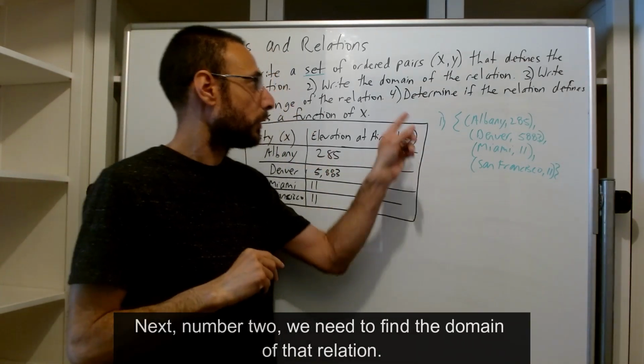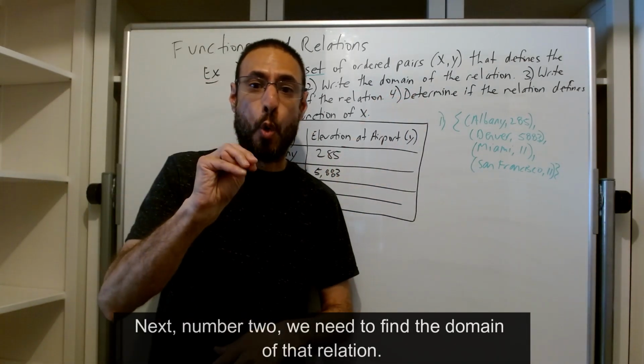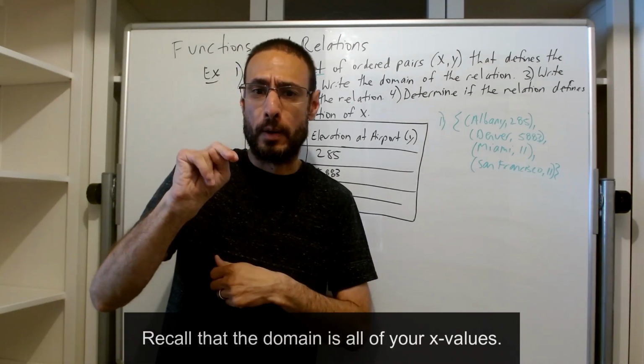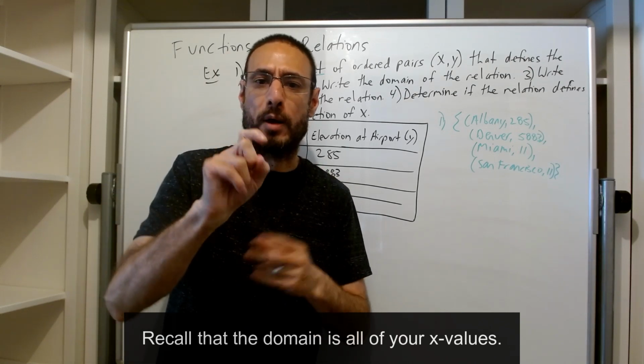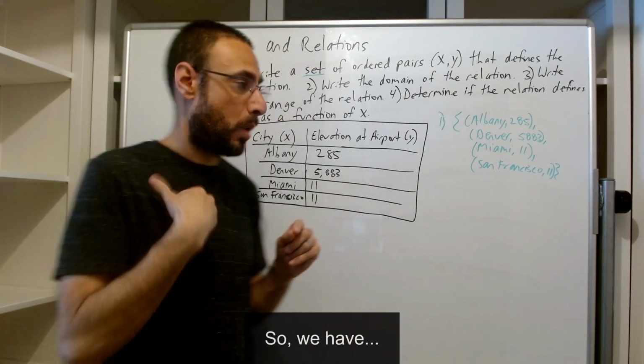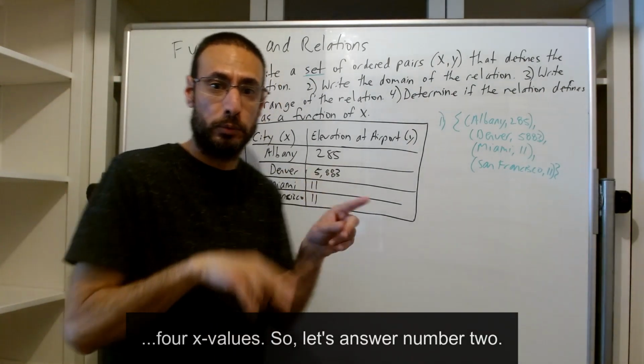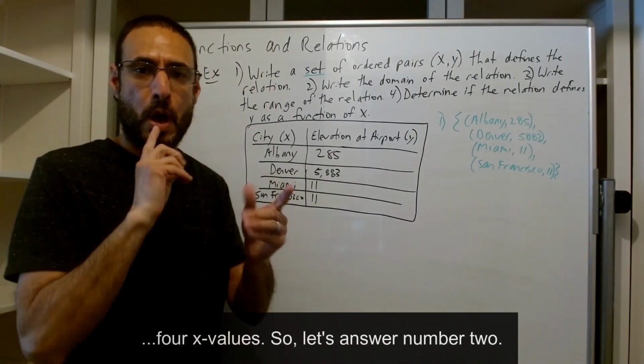Next, number 2, we need to find the domain of that relation. Recall that the domain is all of your x values. So, we have 4 x values. So, let's answer number 2.